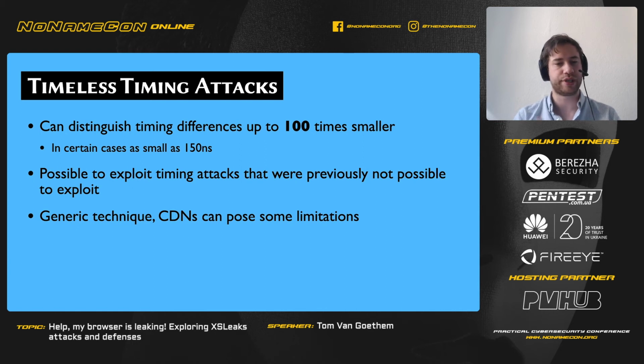In certain cases, we can distinguish timing differences as small as 150 nanoseconds. Using these techniques, it's possible to exploit timing attacks that were previously considered not possible to exploit.